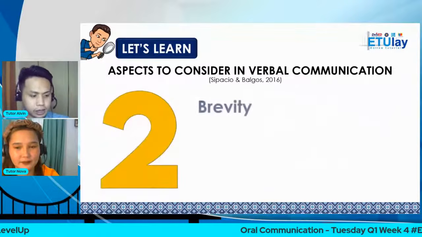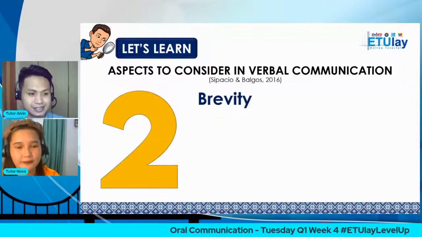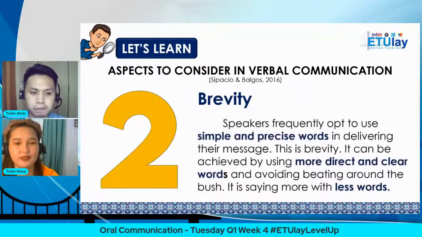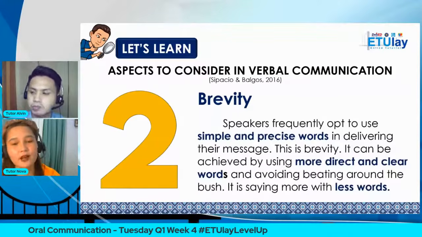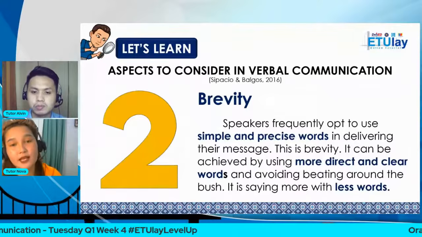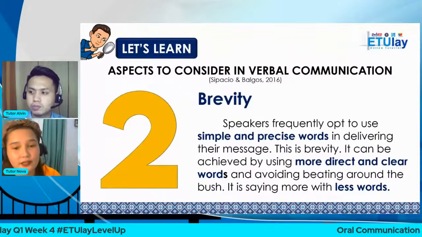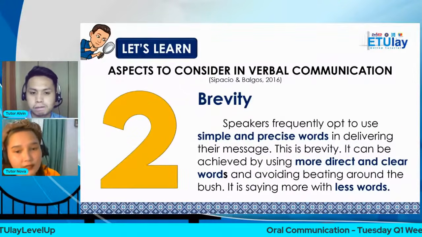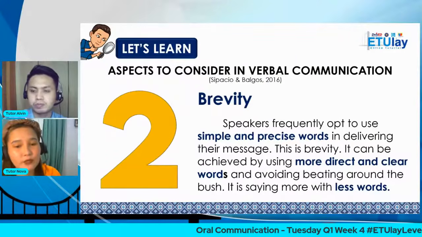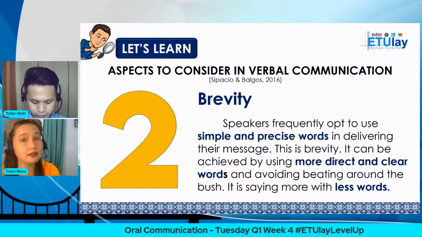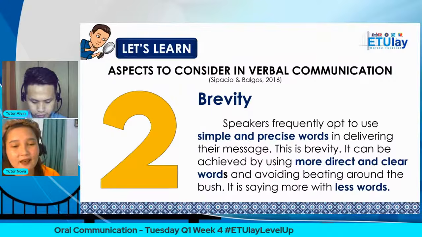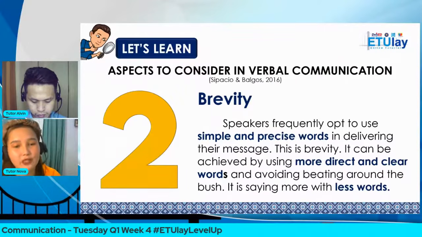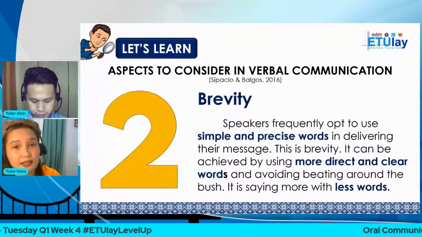So, number two is brevity. Speakers frequently opt to use simple and precise words in delivering their message. Now, this is brevity. It can be achieved by using more direct and clear words and avoiding beating around the bush. It is saying more with less words.